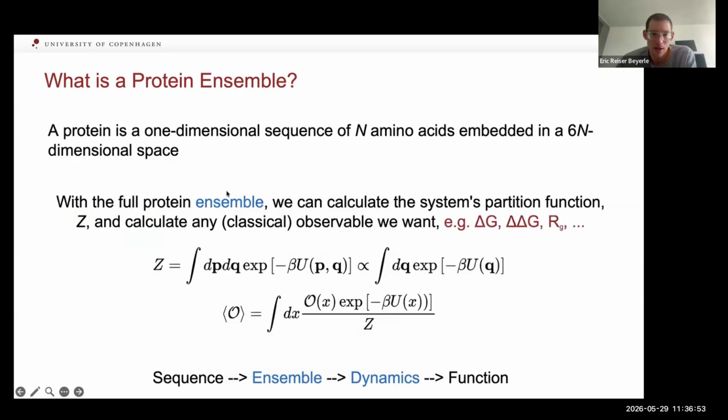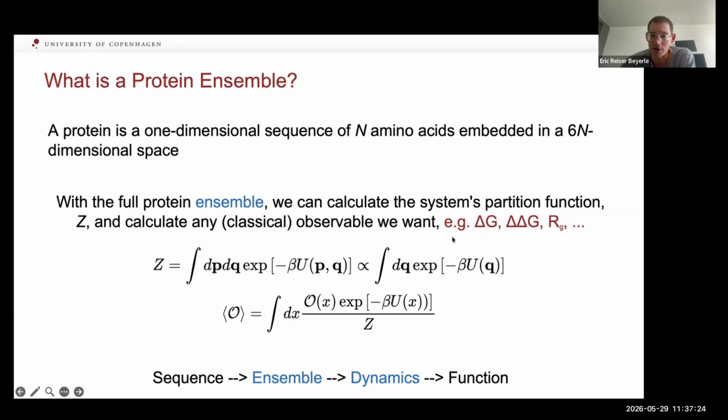From a statistical physics standpoint, what we really want to be able to sample and calculate is the partition function. The partition function is just the integral of the Boltzmann factor over phase space. Generally, the energy of a system, U(p,q), doesn't depend on the momenta p, just on the coordinates q. So we get rid of the integral over p, and we're really concerned with this configuration integral.